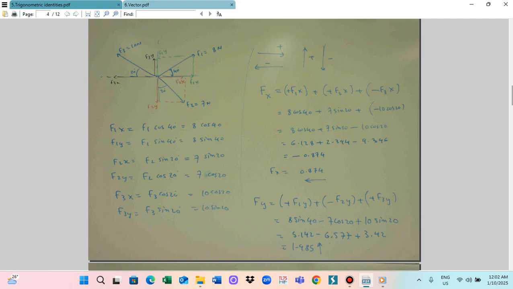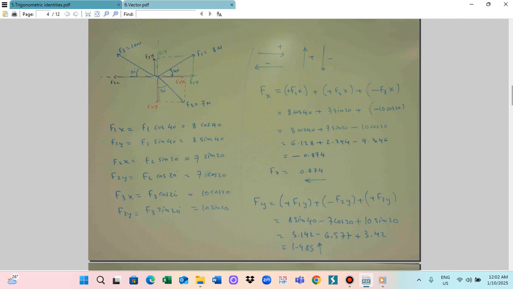So we substitute F1x is equal to 8 cos 40, plus F2x, which is 7 sin 20, and this is for 7 cos 20, and for F3 it is 10 cos 20 and 10 sin 20.